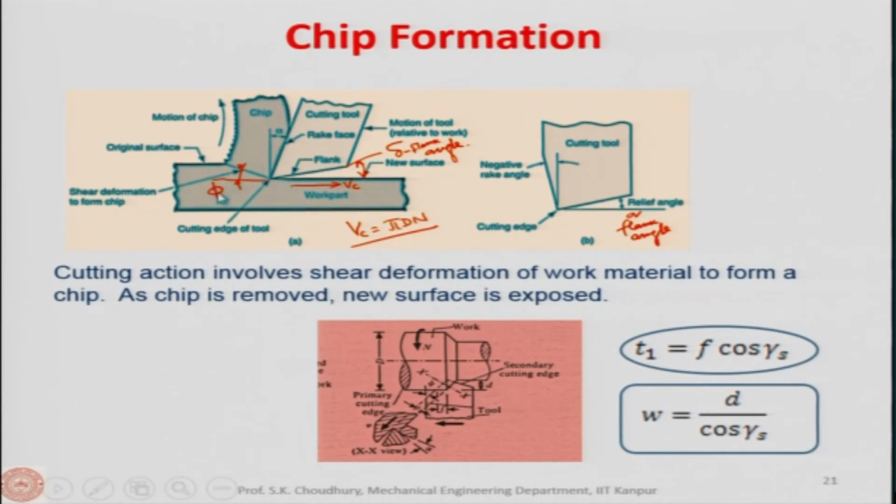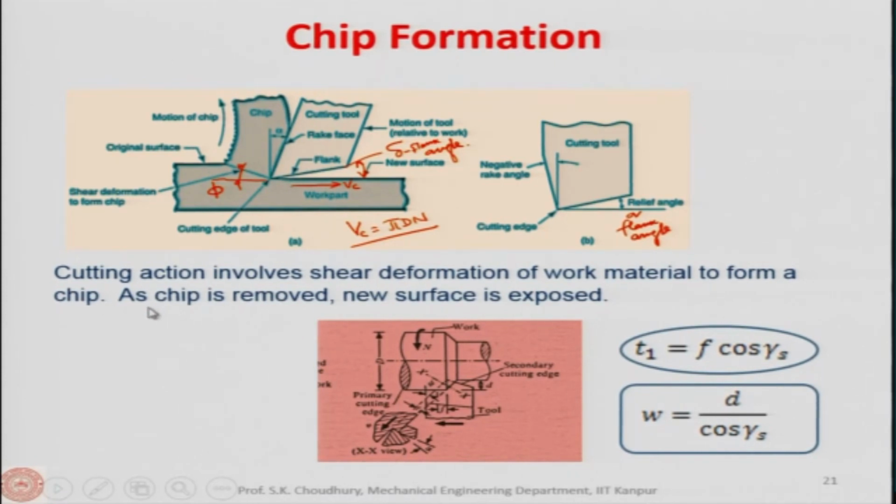So, this is the angle between the shear plane and the direction of the cutting velocity vector Vc, this is the phi. So, these three angles, that is the shear angle, rake angle and the flank angle, are important angles. Now, cutting action involves shear deformation of the work material to form the chip.